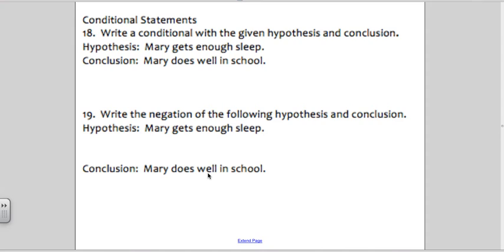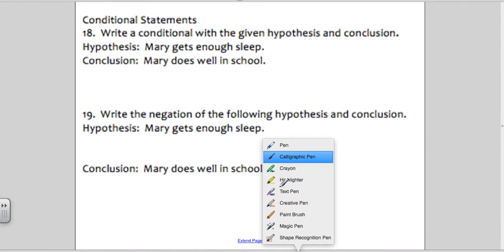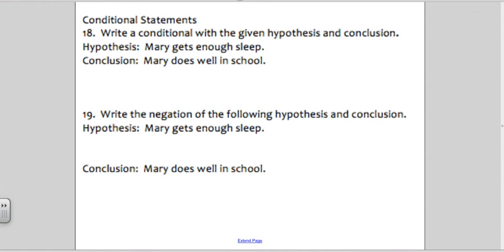Okay, moving on. Now we're looking at conditional statements. So on number 18, we want to write the conditional with this hypothesis and this conclusion.